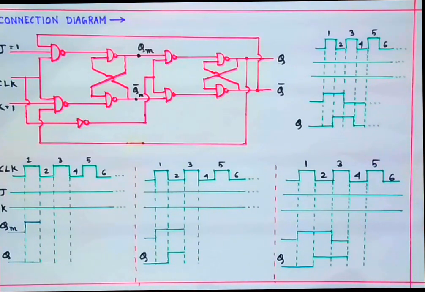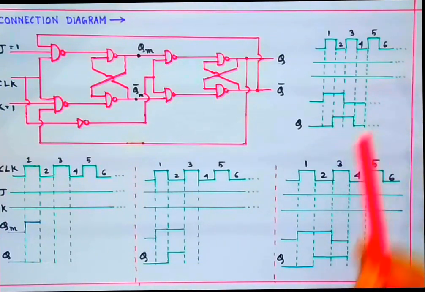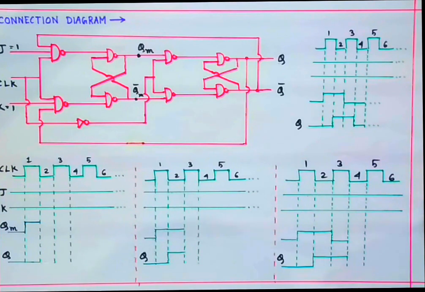Now I will come to the circuit operation. I have divided the whole circuit operation into 4 stages: stage 1, stage 2, stage 3 and stage 4. Also for these 4 stages I will take different times of the clock.